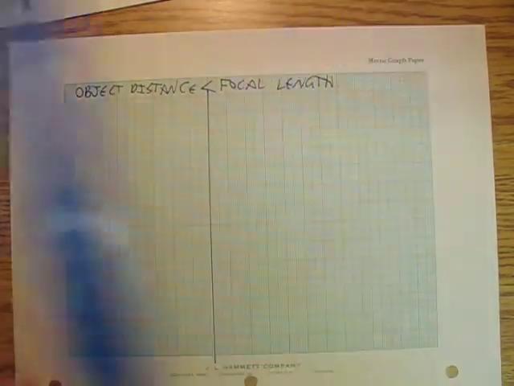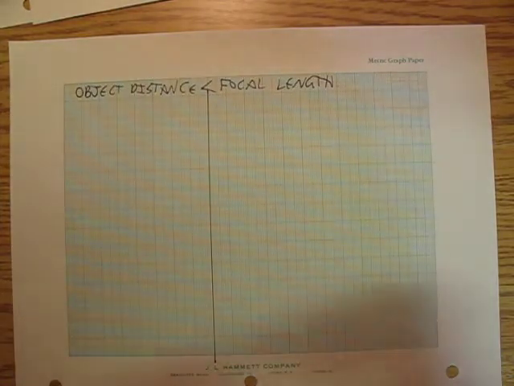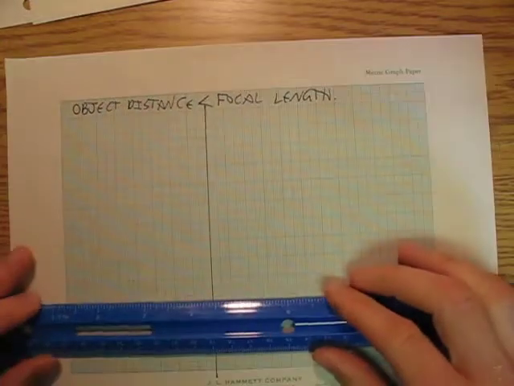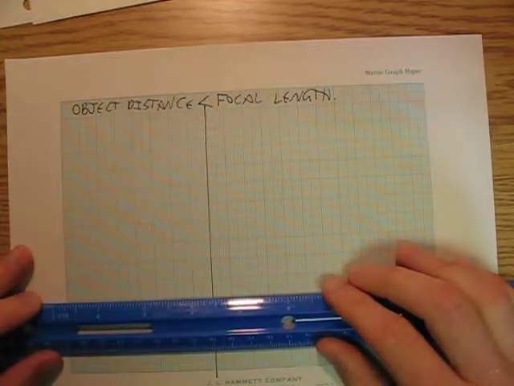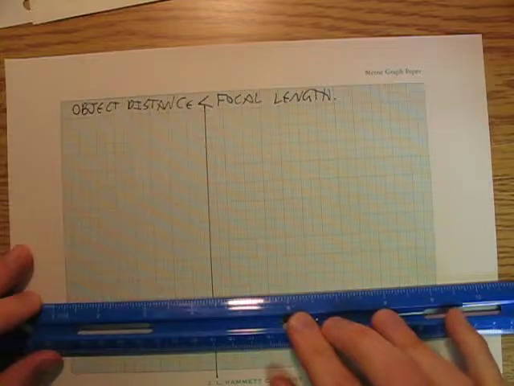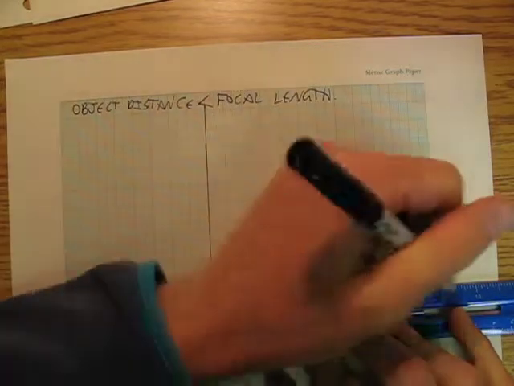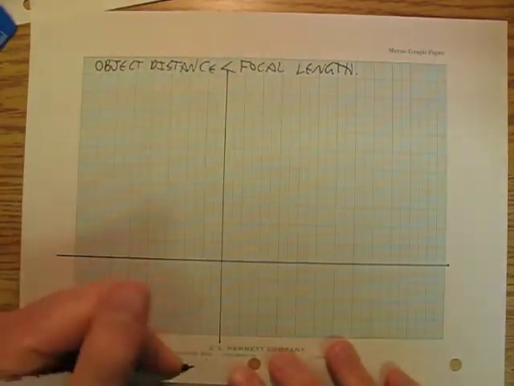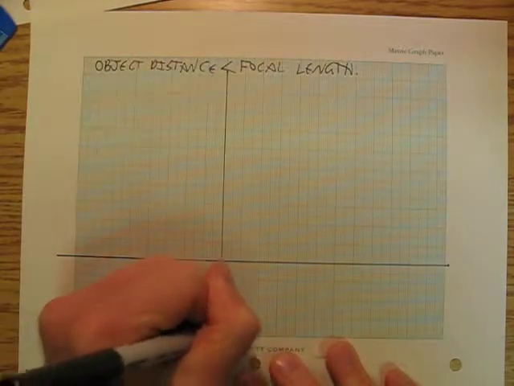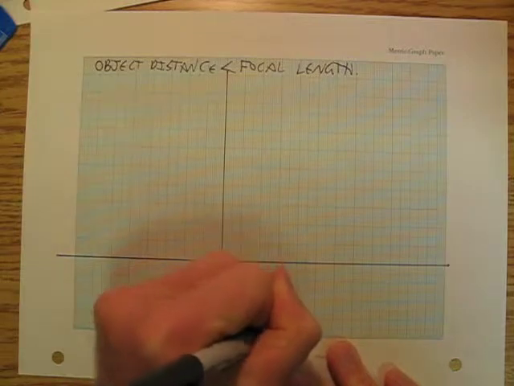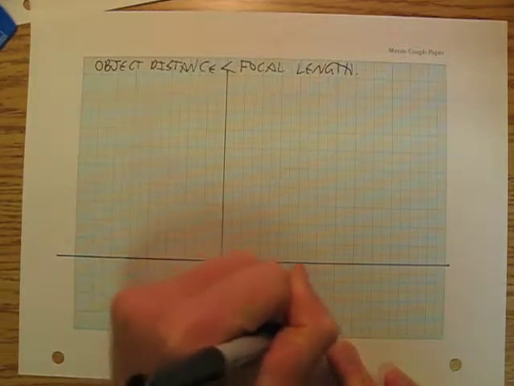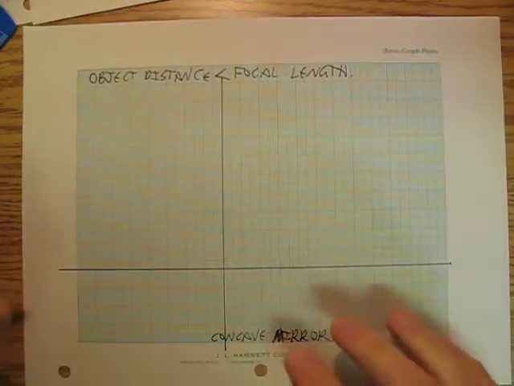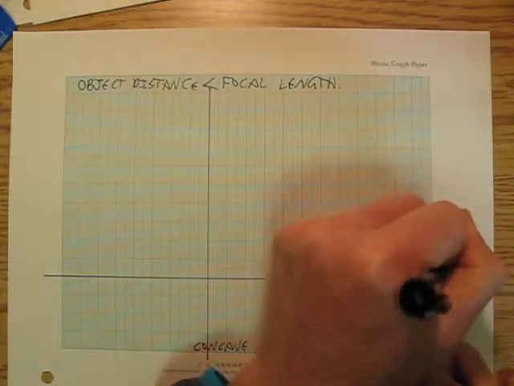Hopefully that's going to just work out okay. And I'm going to put the optical axis down here. So this is my concave mirror. And this is my optical axis.